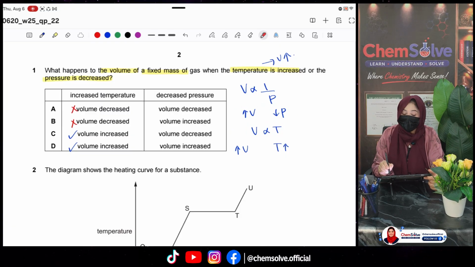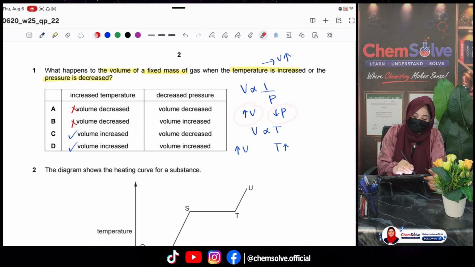Why? Because they are inversely proportional to each other. But option C says volume decreases, so this is the wrong one. Volume is increased, so the correct option is option D.